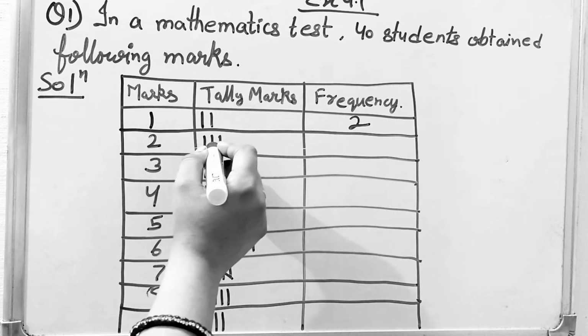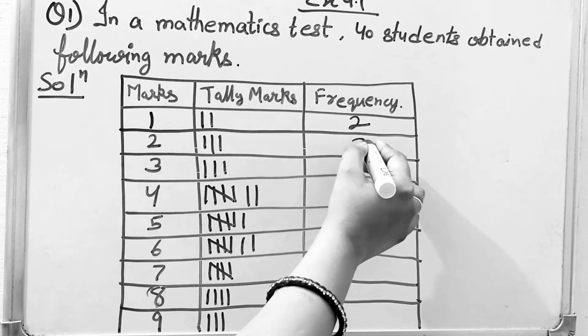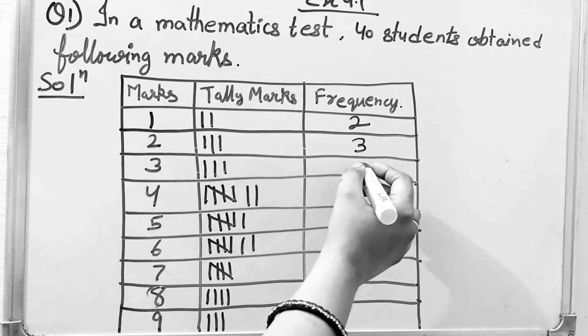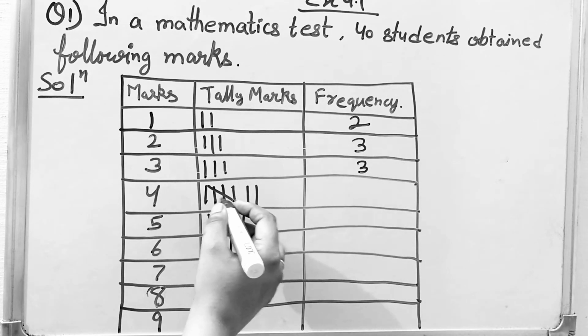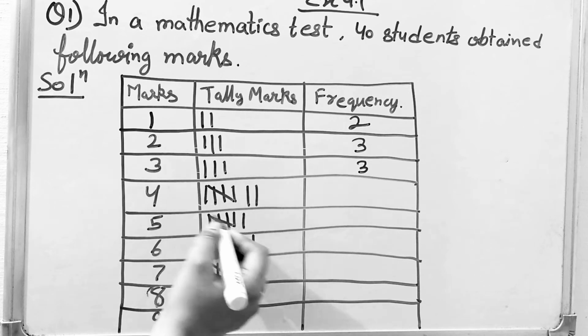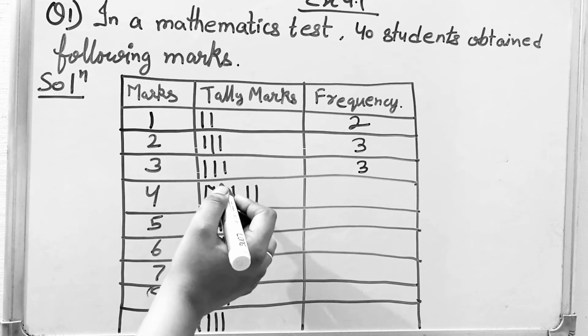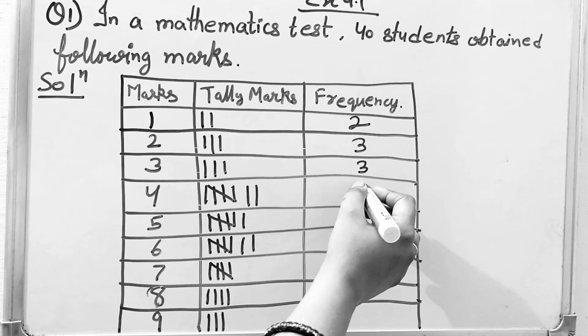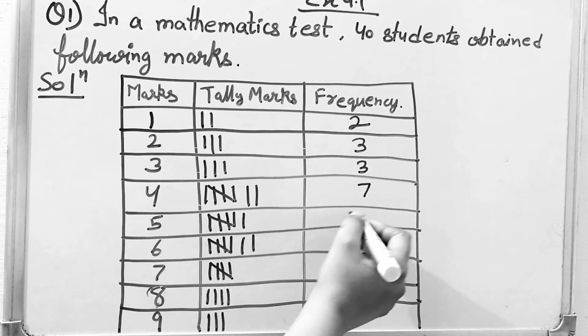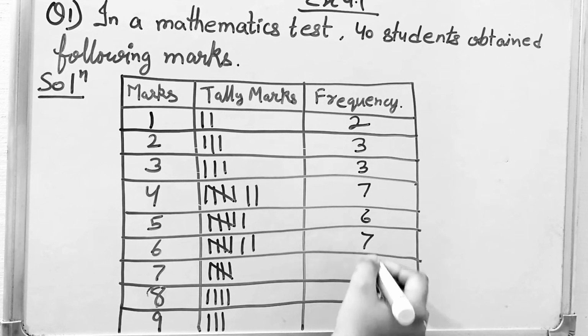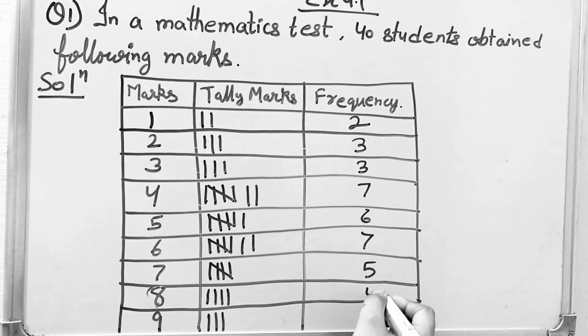Next, for 2, tally marks are 3, so its frequency is 3. Then for 3, it is 3. For 4, this is a bunch of 5, so we count it as 5, 6 and 7. So this is 7, then 5 is for 6, 7, 5, 4 and 3. This is our frequency. So this is our arrangement of data in the form of a table.